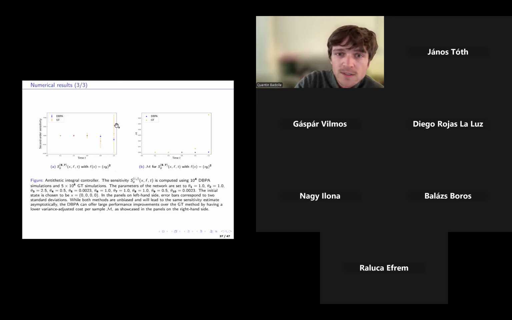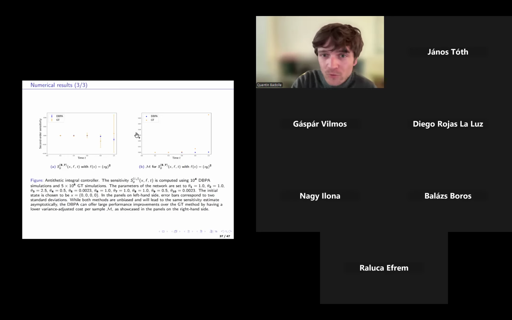So here you can already see that the error bars are much larger for the Girsanov transform than for the DBPA, although we used 10,000 samples of DBPA and 500,000 Girsanov transform simulations.